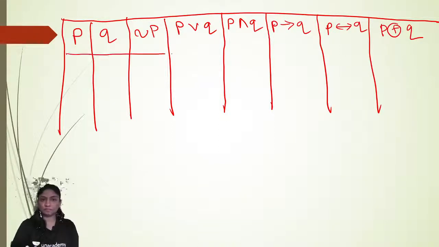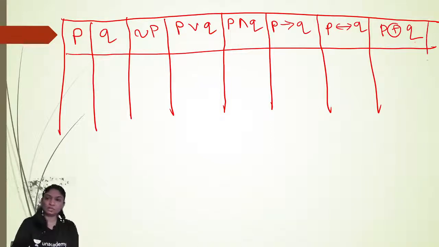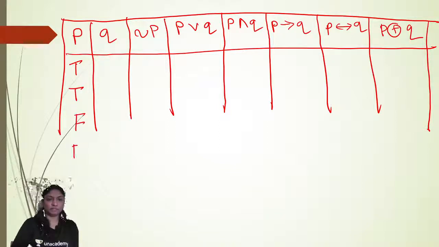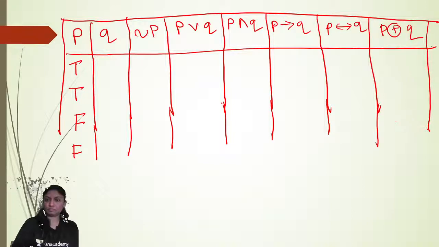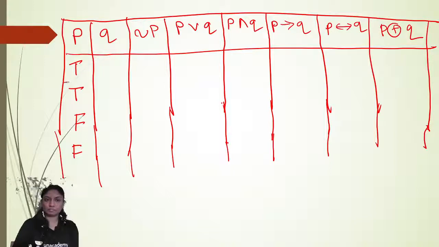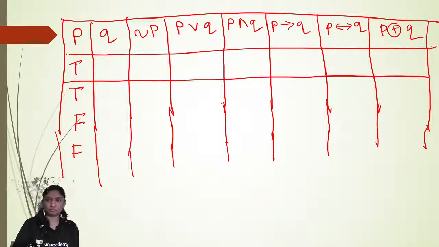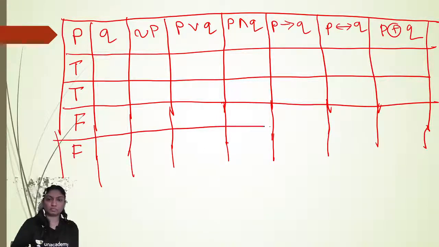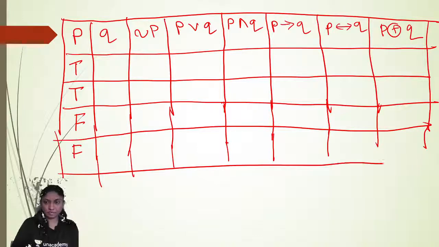We will see the truth table for this. T, T, F, F. Write the table.